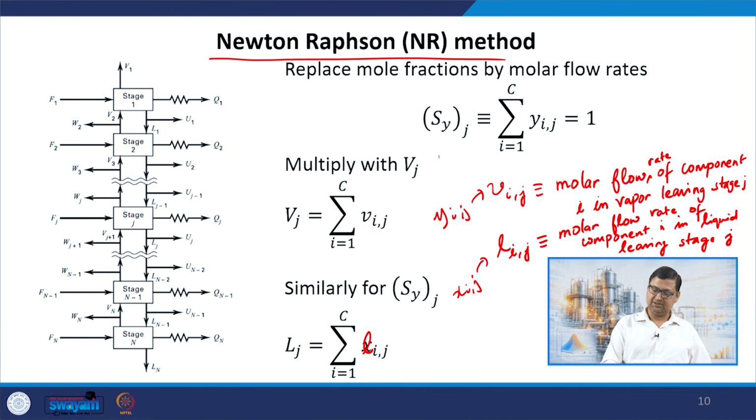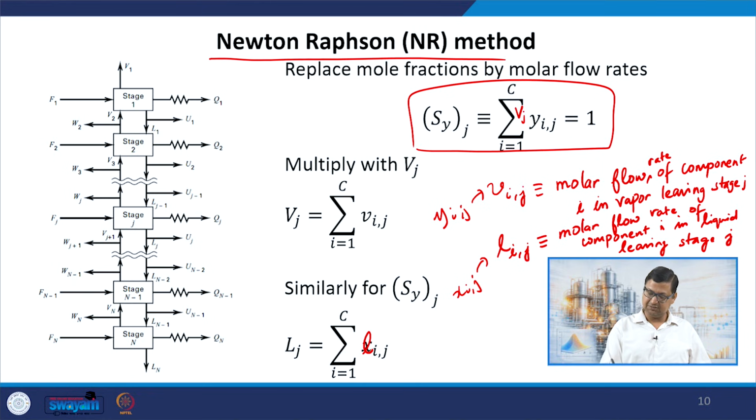And the way of doing that is the following. So, we begin with the summation of the mole fraction equation, in this case the y equations, and I multiply with Vj, right. So, if I multiply with Vj on both sides, the Vj comes inside the summation and Vj comes here in place of 1. And what is the Vj into Yij?